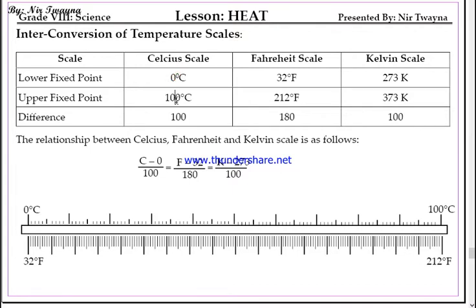The point is, in the temperature scale also, LFP and UFP is divided into 100 equal parts, whereas in the Fahrenheit scale it is divided into 180 parts. Well, these were the traditional scales which are being used for measuring temperature.